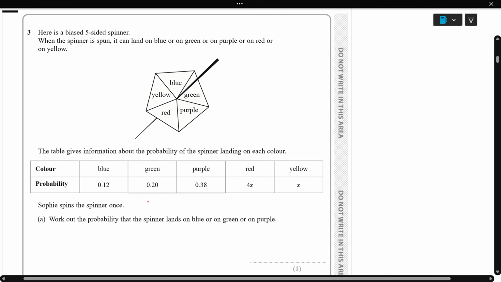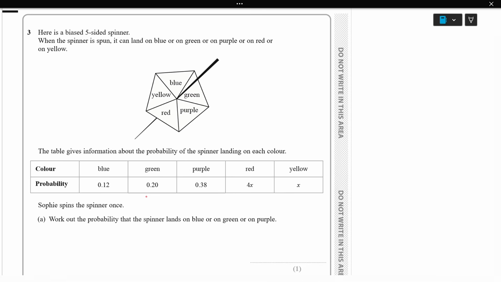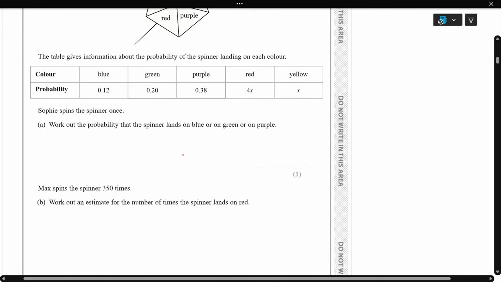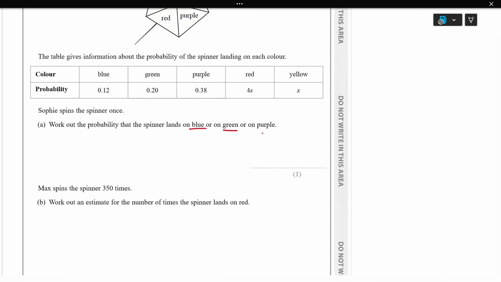Next, question number 3. Here is a biased 5-sided spinner, and the probabilities are given here. If we spin the spinner once, work out the probability the spinner lands on blue, green or purple. So probability of blue, or probability of green, or probability of purple.